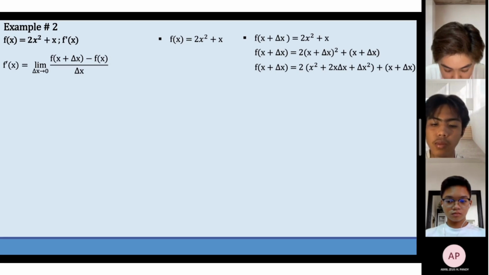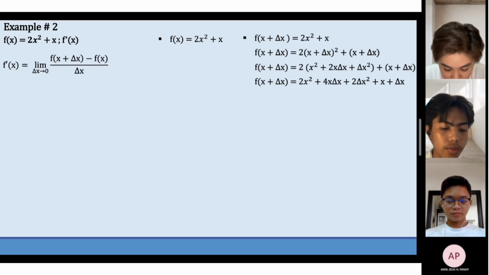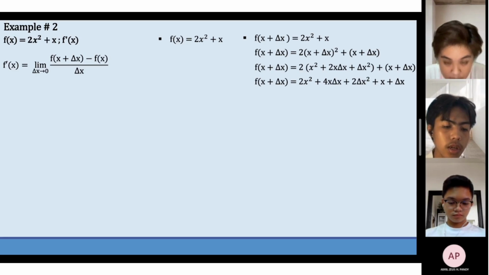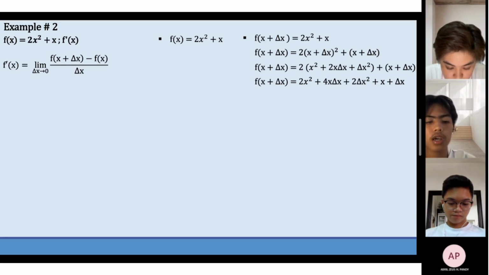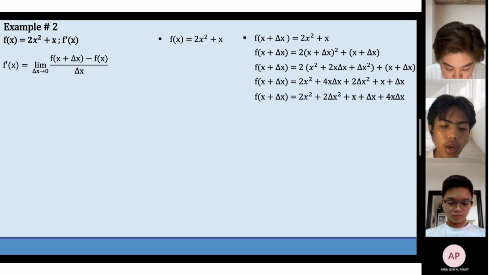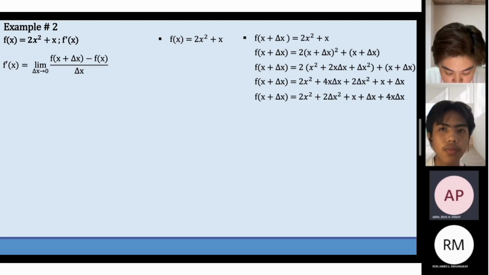Next, we need to distribute 2. Now it is 2x squared plus 4x delta x plus 2 delta x squared plus x plus delta x. Since there is nothing to combine, just arrange it depending on the higher degree. So 2x squared plus 2 delta x squared plus x plus delta x plus 4x delta x.